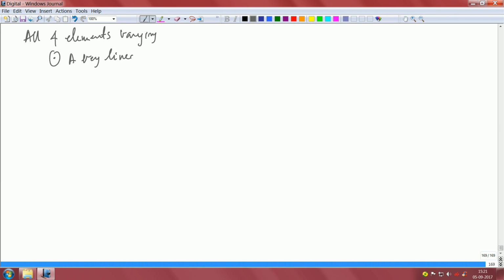linear and sensitive output is needed. Okay.